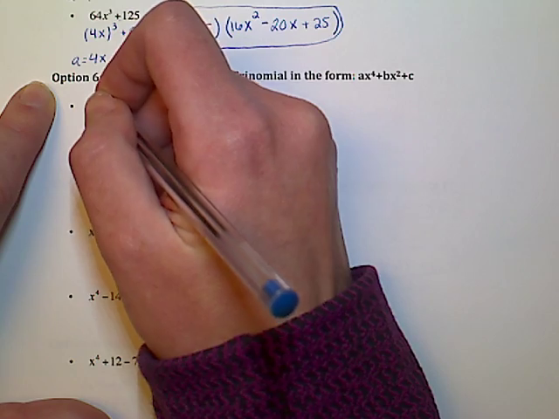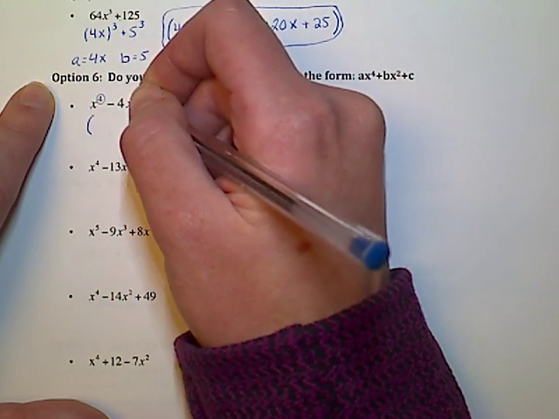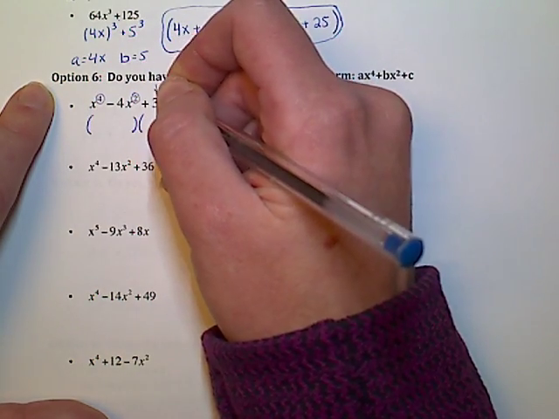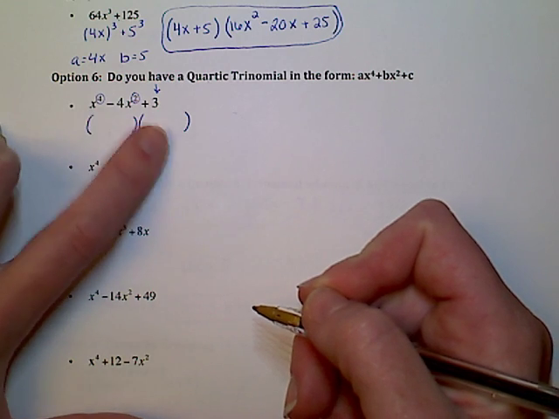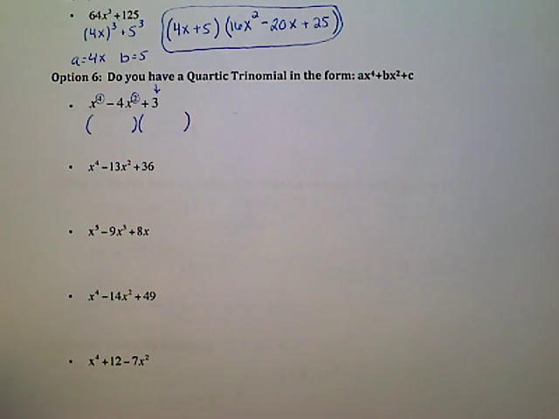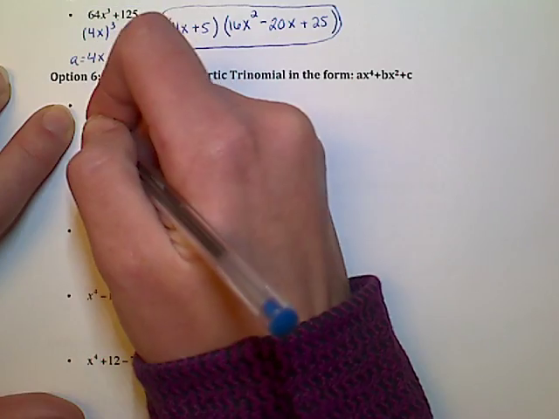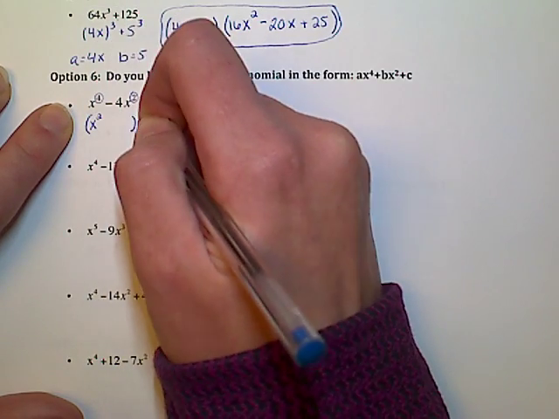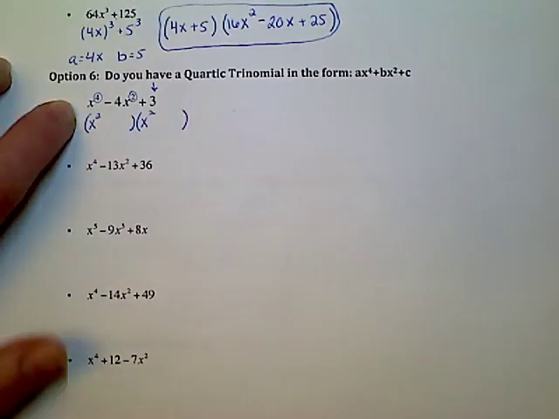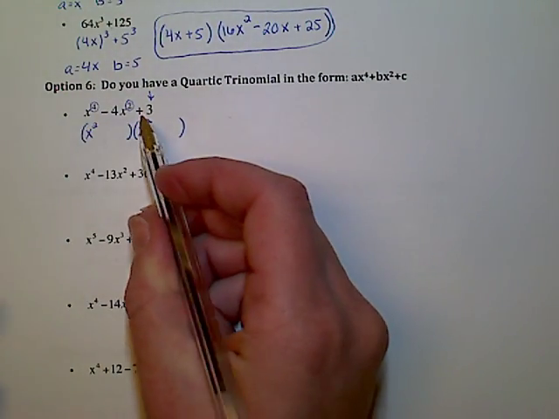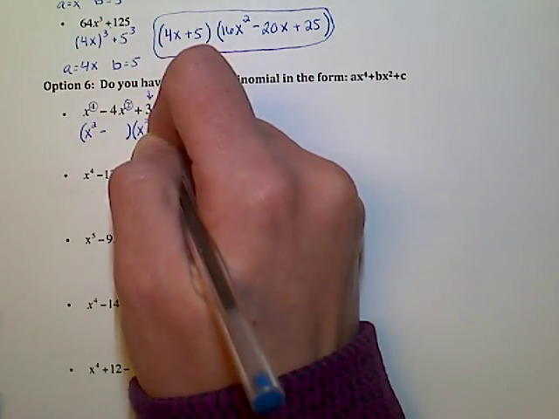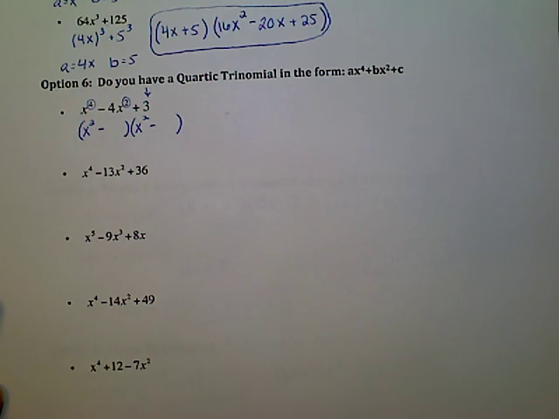If you're going from an exponent of 4 to an exponent of 2 and then down to a constant, you may be able to figure out the factors that you multiplied together. So instead of an x and an x, we would start with an x squared and an x squared. We have to multiply to a positive but add to a negative, so minus and minus.